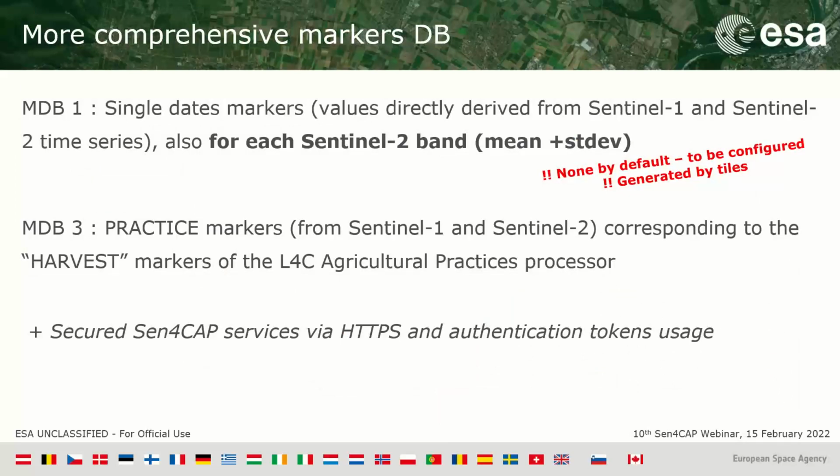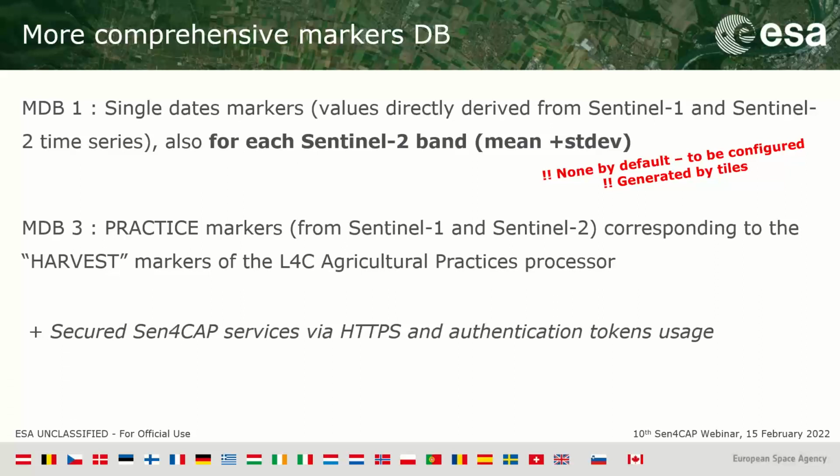The other main improvement was the marker database, where the mean and the standard deviation of the Sentinel-2 bands were added, in addition to the single date marker that was already in the database, so the Sentinel-1 and Sentinel-2 time series.